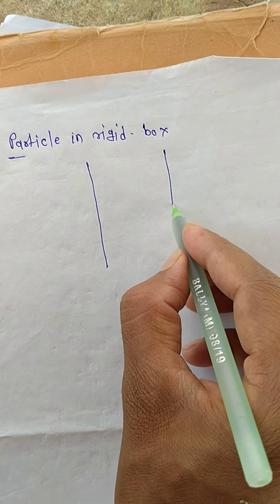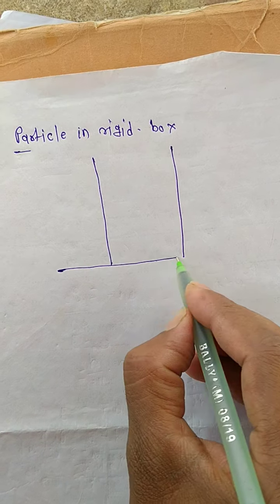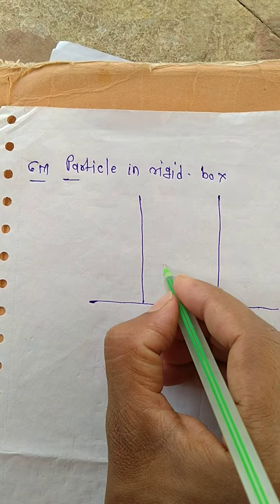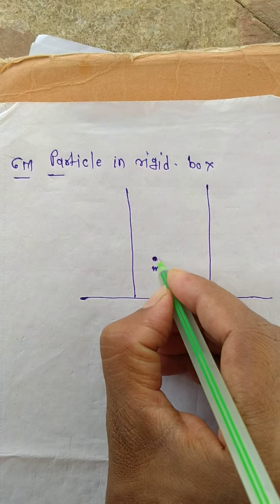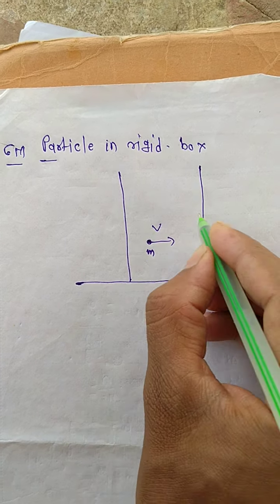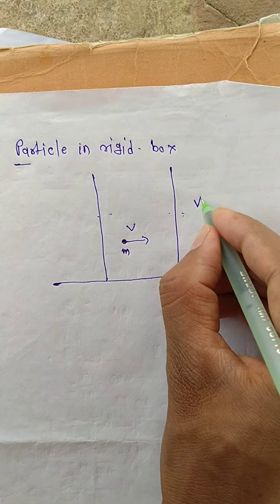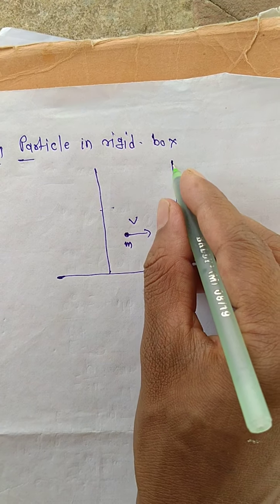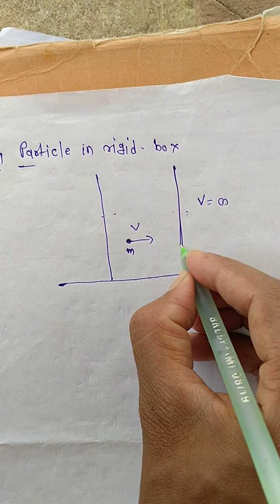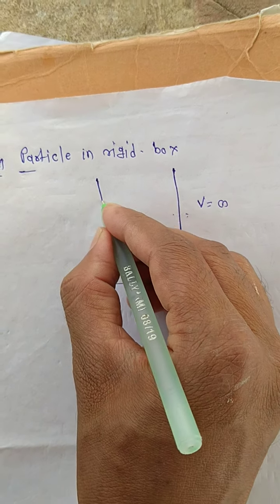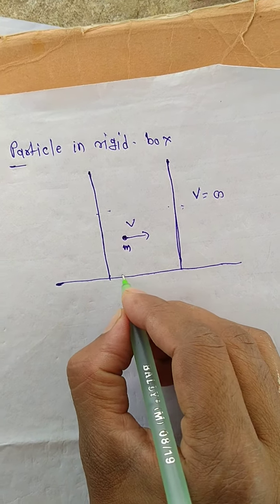Consider a particle of mass m moving with velocity v in a rigid box. Rigid in the sense potential is infinite at the boundary of this box.